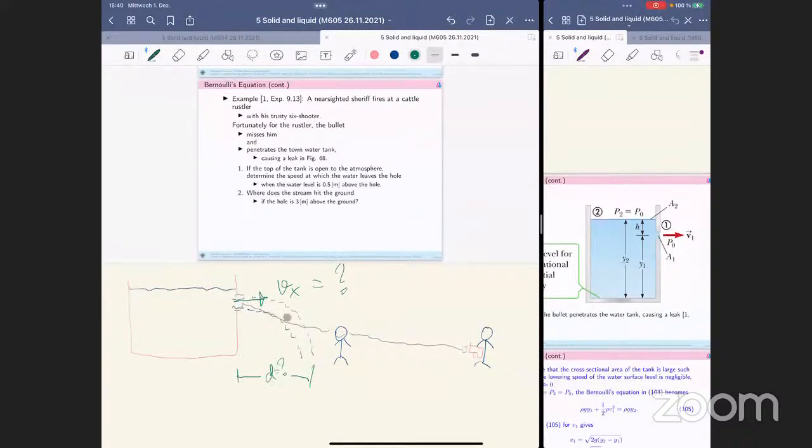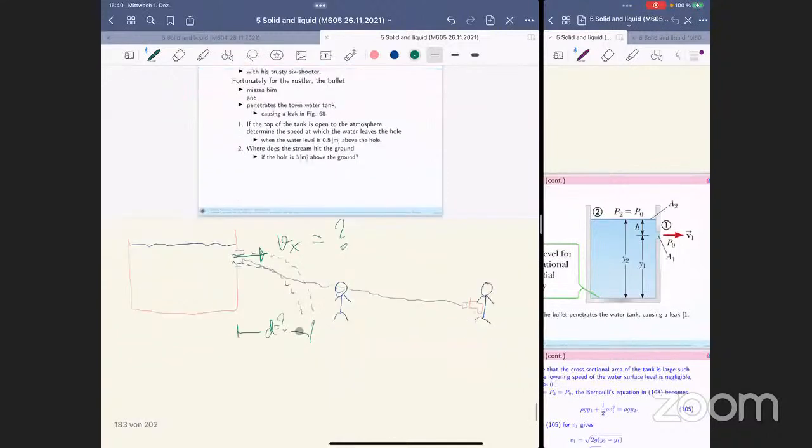So we want to find two quantities from this problem. In order to solve this problem, you need to know something. The height of the water level above the hole is 0.5 meter.